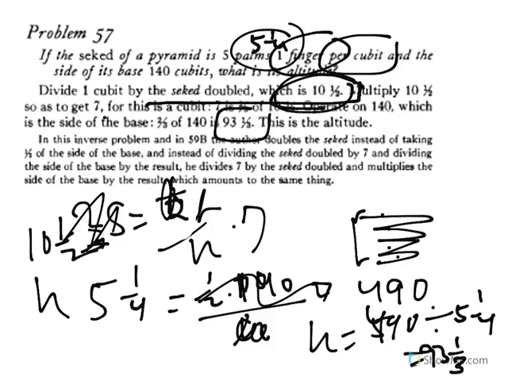Yes, that means that it was 5 1/4. A finger is 1/4 of a palm. And then the base was 140, so they already knew that. Then they say multiply 10 1/2 so as to get 7. That's basically their way of saying divide by 7.